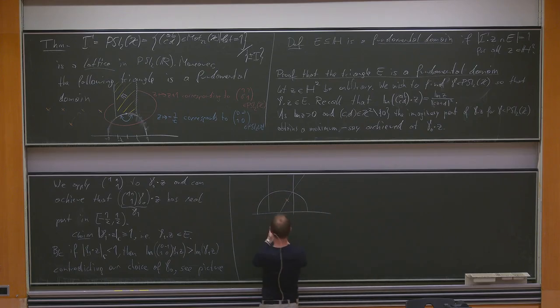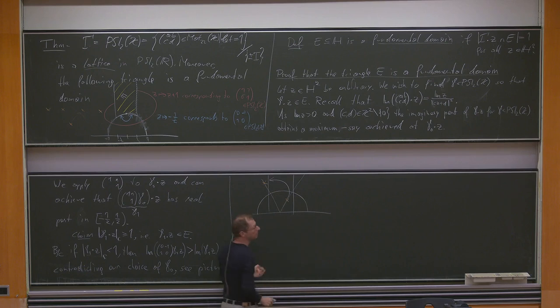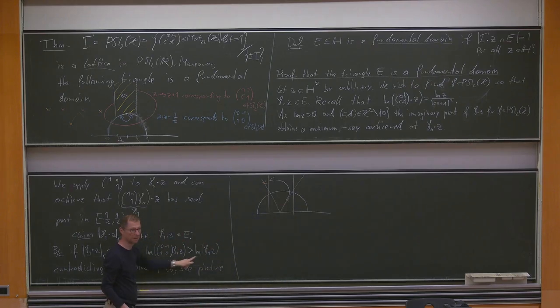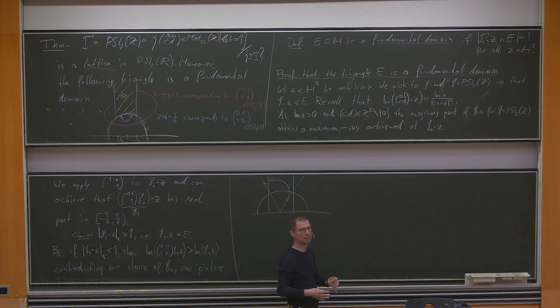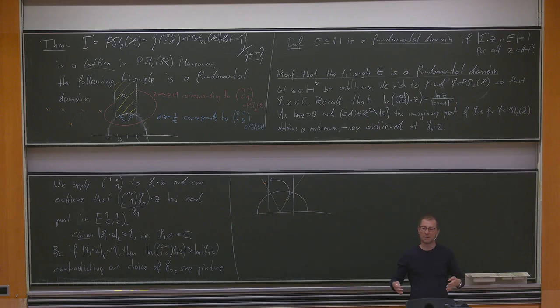So what I'm trying to say is that this point will be mapped to this point. And you notice that it's higher up than this guy, which is what I claimed here. Inversion on the unit circle will make a number that's inside the unit circle bigger. And the ratio between real and the imaginary part stays the same.